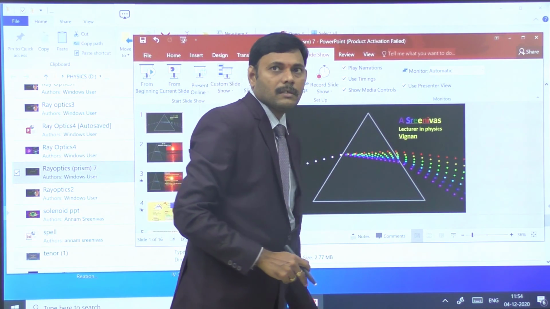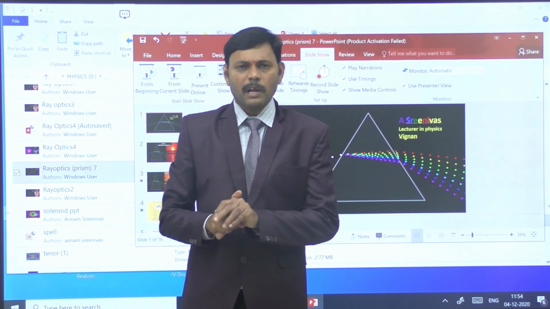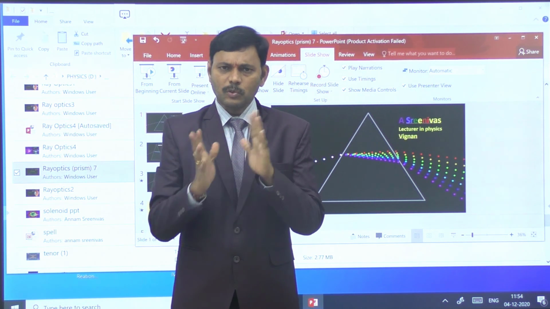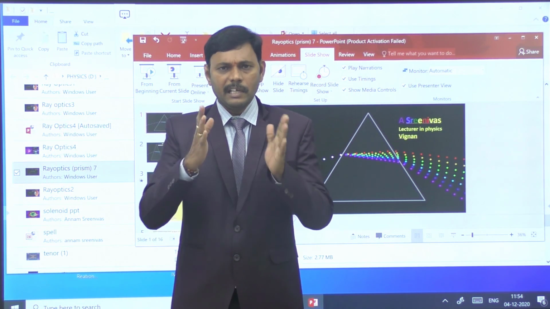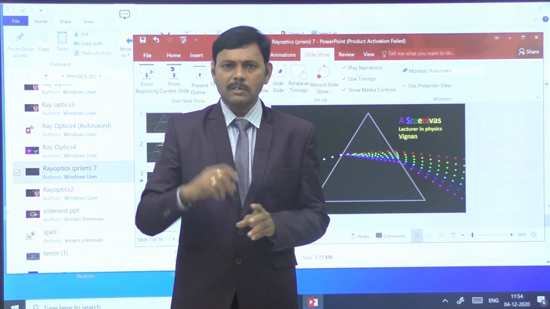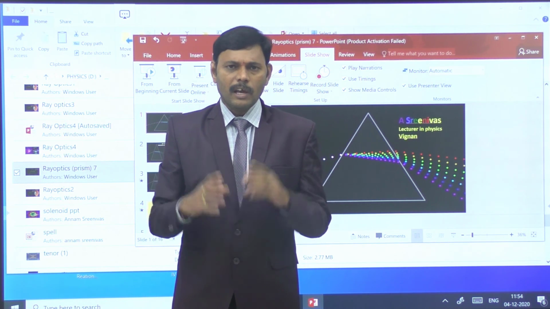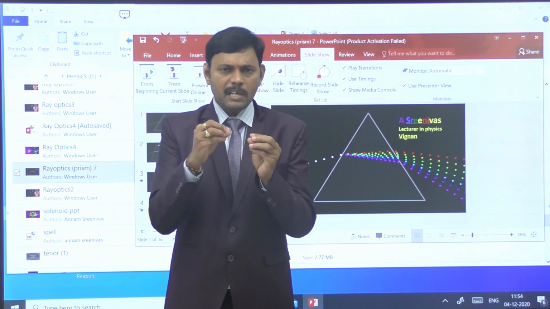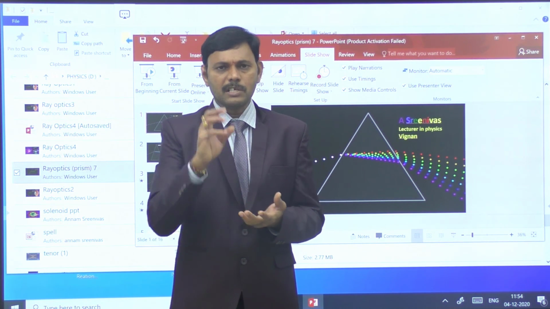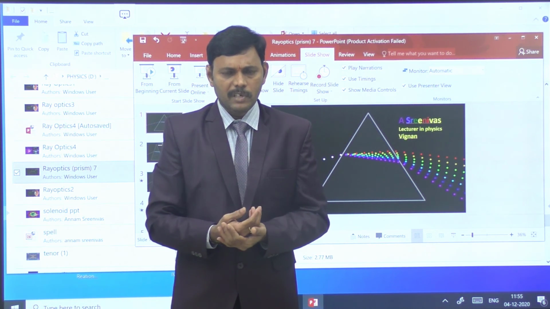Here students, in this part of our discussion, I explained the phenomena of refraction through a prism. In that, I derived the expression for the refractive index of the prism: mu is equal to sine of (A plus Dm) by 2 by sine A by 2, followed by the deviation expression for a small prism, that is (mu minus 1) into A. By using that, we described the phenomena of dispersion.